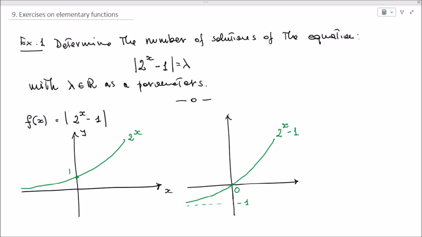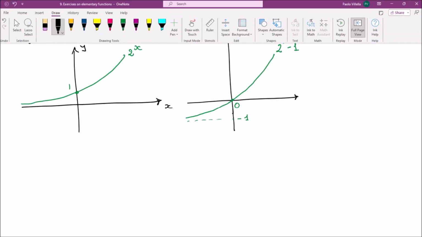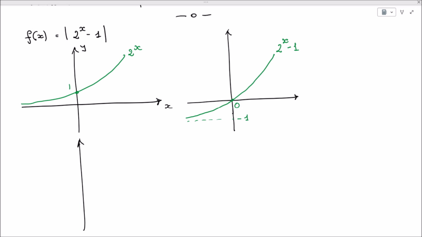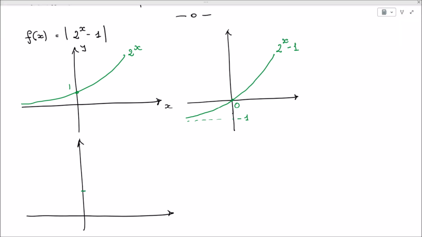But we now need to apply the absolute value. So the final graph of the function will be this. So this will be f(x) equal to the absolute value of 2^x - 1.